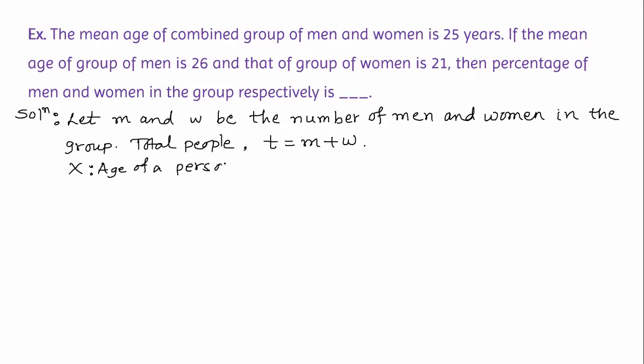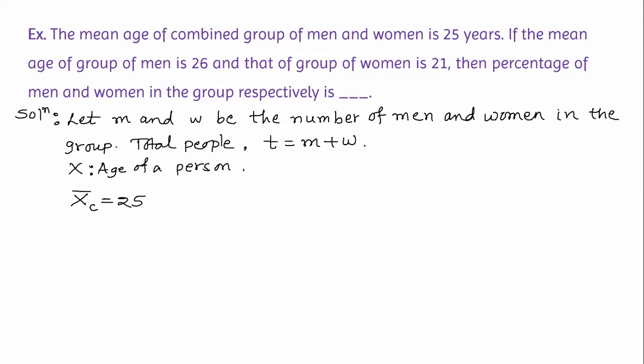So here, X bar will be the arithmetic mean. That will be combined. Now let us see whatever has been given to us. The mean age of the combined group of men and women is 25. So X combined arithmetic mean is equal to 25.